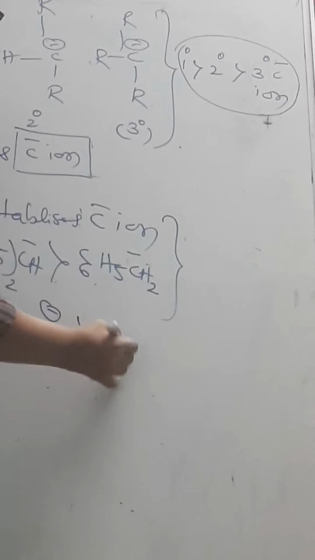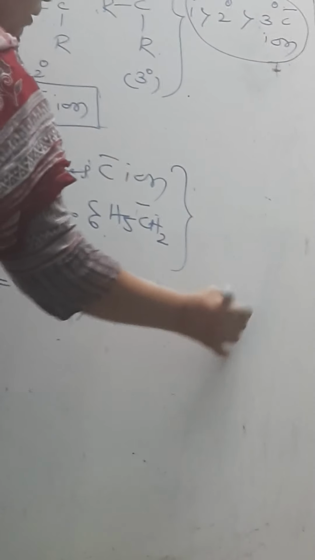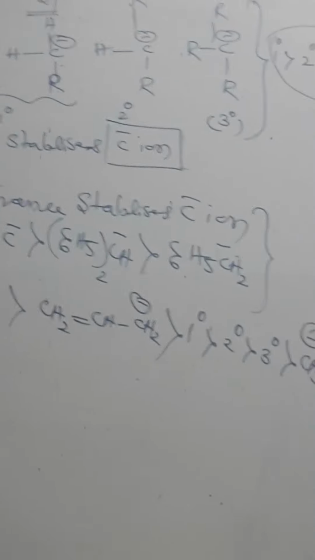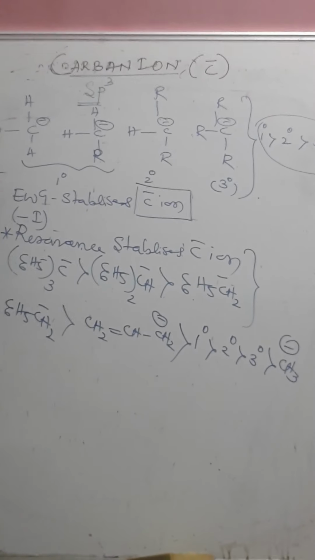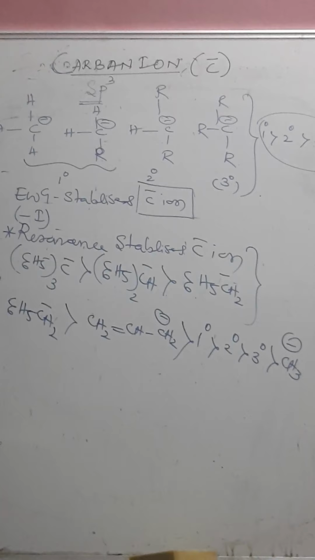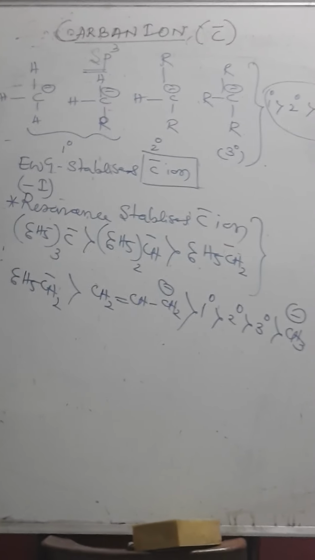Then what? Primary, secondary, tertiary, then methyl. Carbanion is not so difficult to remember because I am writing most of the points exactly reverse of carbocation.